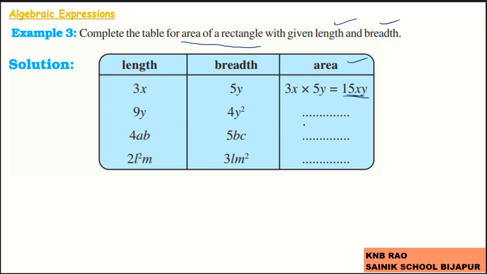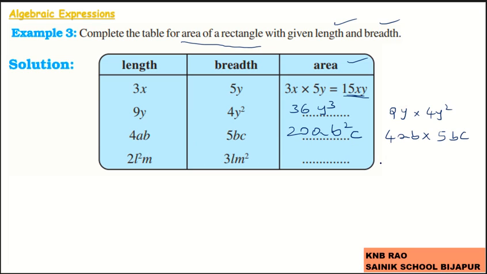Now similarly, can you find out this? Yes. So 9y into 4y square results as 9 4s are 36, y into y, y cube. Next, in the third one, 4ab into 5bc, 4 5s are 20, a comes as it is, b into b gives b square, and c comes as it is.